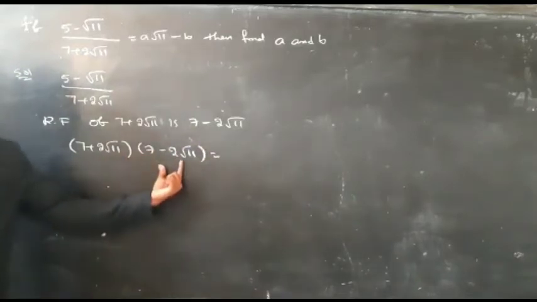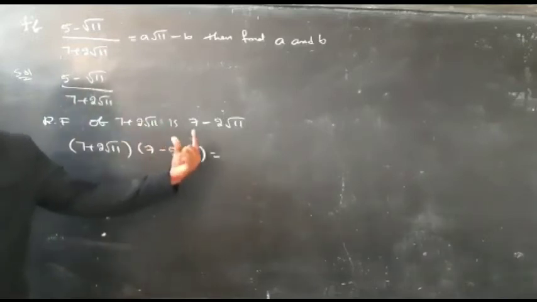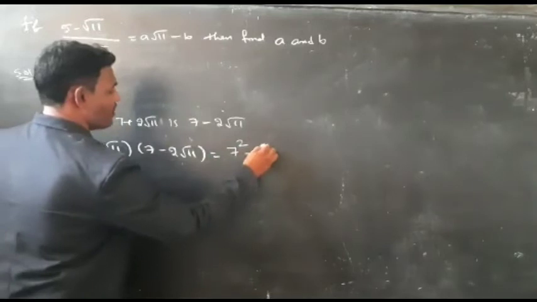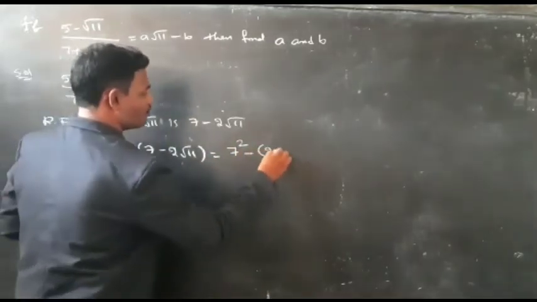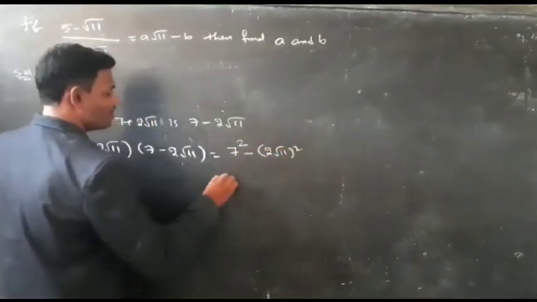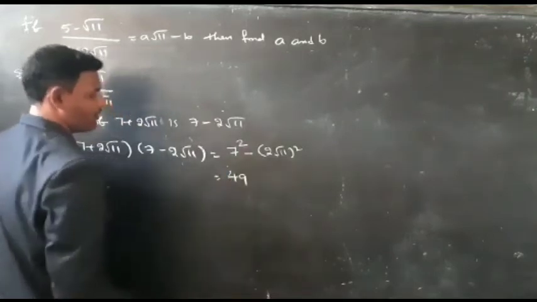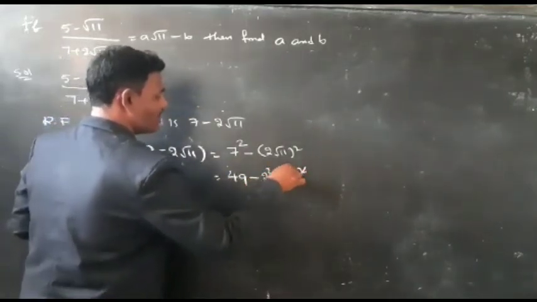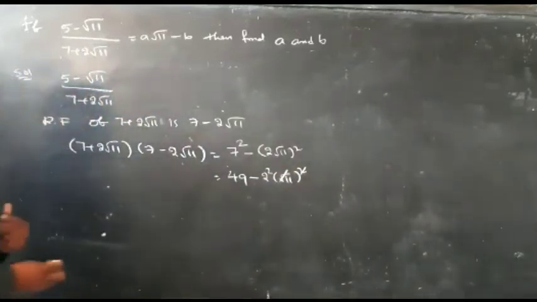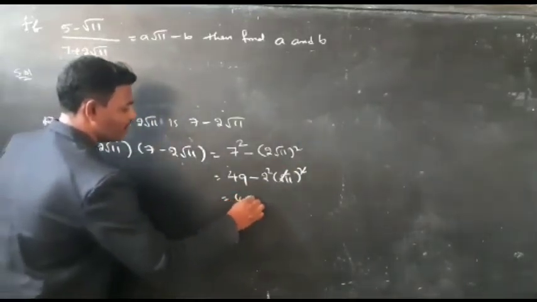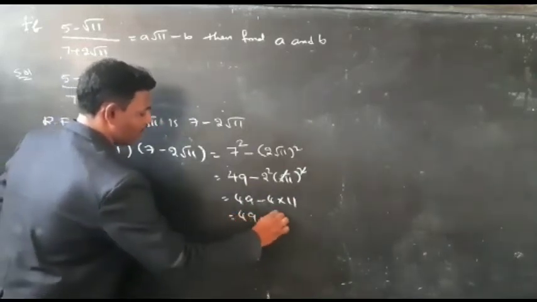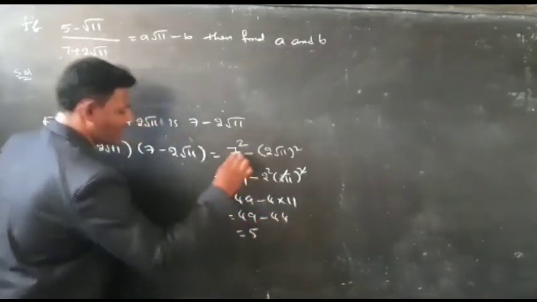What is the formula of a plus b into a minus b? A square minus b square. Here a square means 7 square, minus b square is 2 root 11 whole square. 7 square is 49 minus 2 square into root 11 whole square. Here square and root get cancelled. What is the remaining here? 49 minus 4 into 11 is equal to 49 minus 44 is equal to 5.